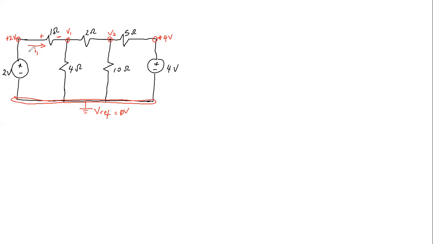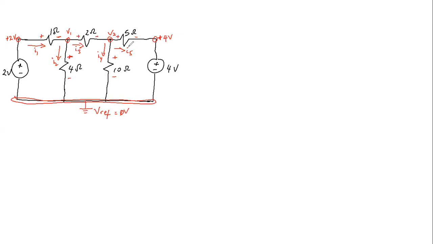So you can see this is the direction of current flow. At this node, current leaves, let's call this I2. Current also leaves this node, let's say I3. Current leaves this node, let's say I4. And current leaves this node, let's say I5.